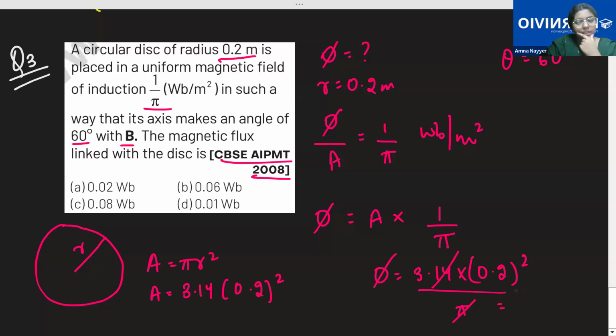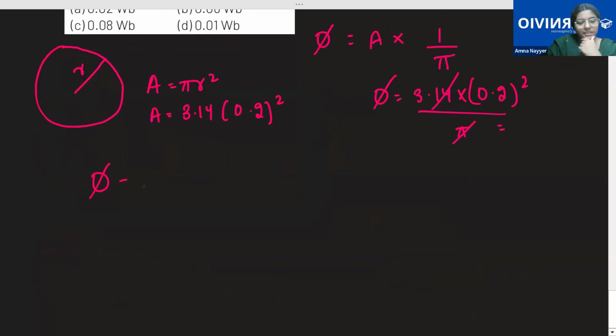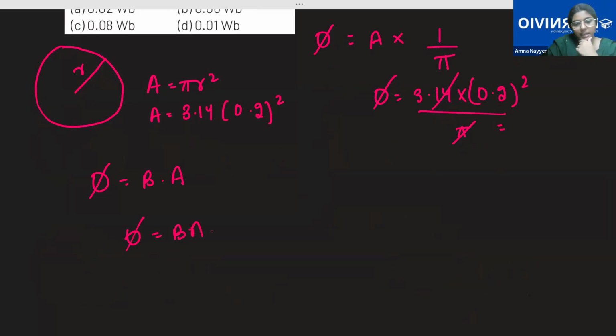Okay, the angle is also there, 60 degree. This is not 0 degree, 60 degree. So B A cos theta means you'll have to include 60 degree as well. When the flux is written as B dot A, this is B A cos 60 degree.